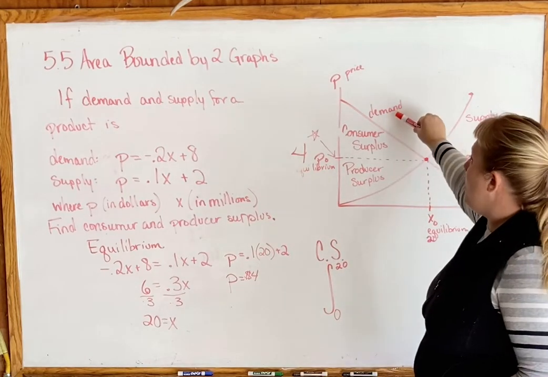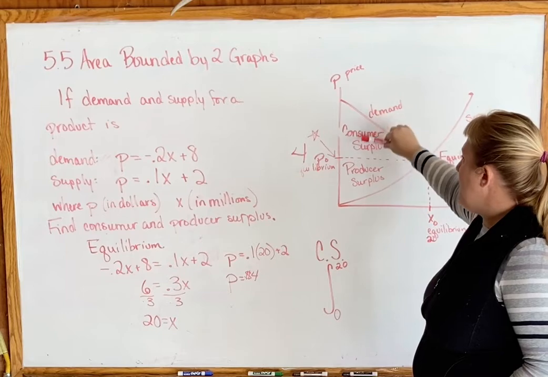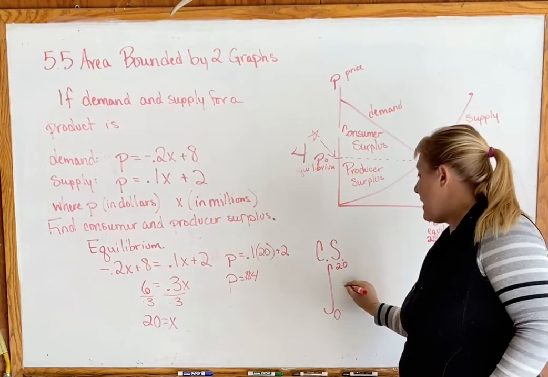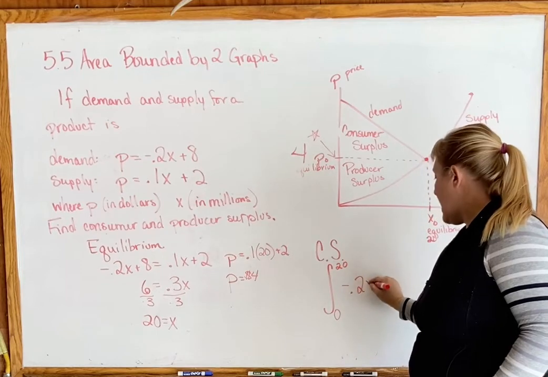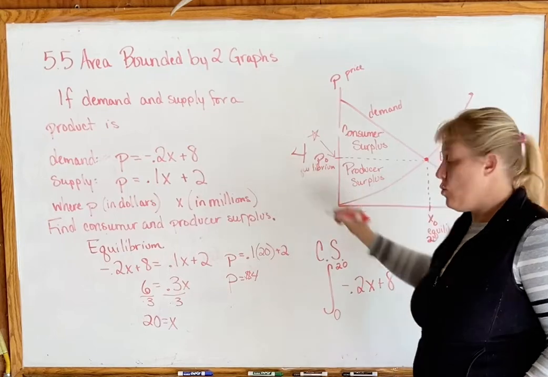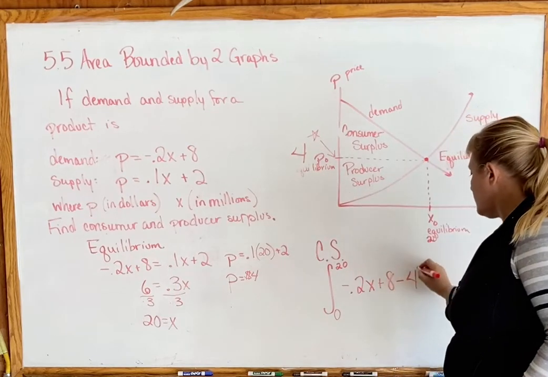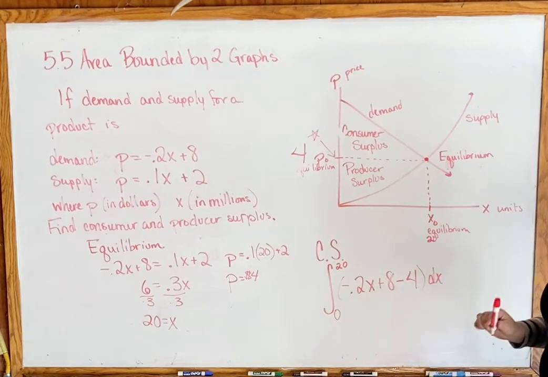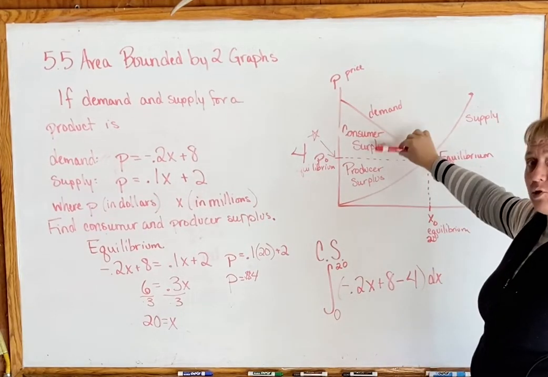And then we want the demand function minus the equilibrium. So our demand function was negative 0.2x plus 8 minus the equilibrium, which was 4, dx. Okay, so there are the two. We're doing the subtraction problem.